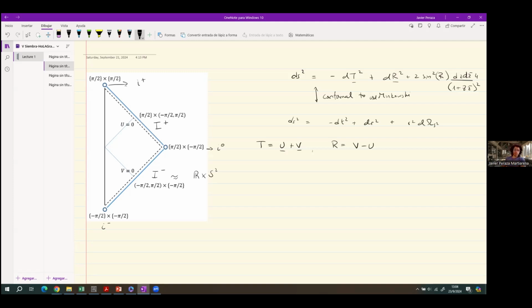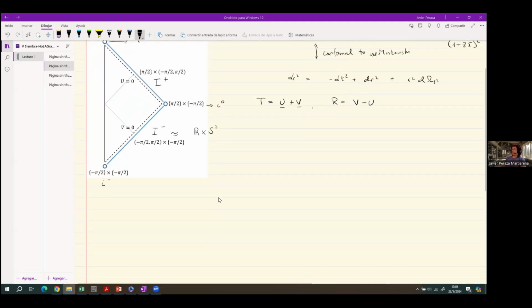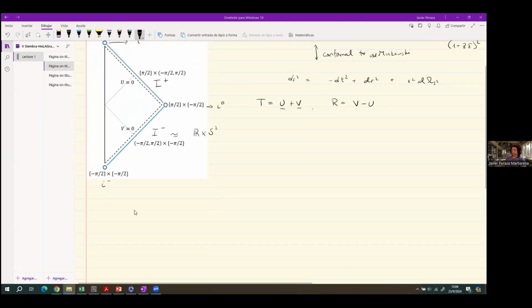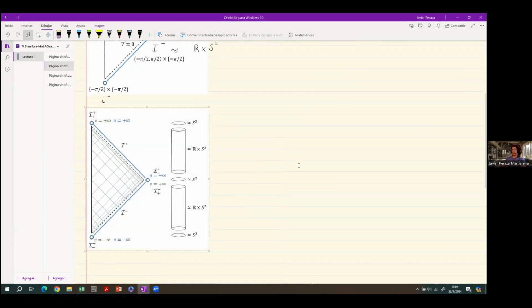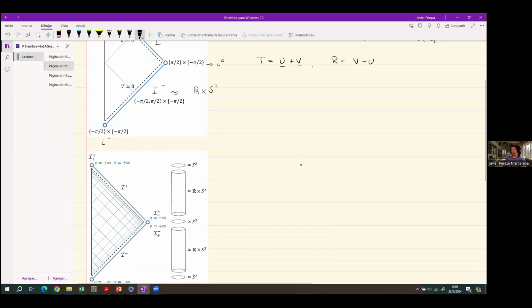Okay, so there is another nice drawing that we can work with here. The point here has the topology of S2 when viewed as the limit of scri plus.